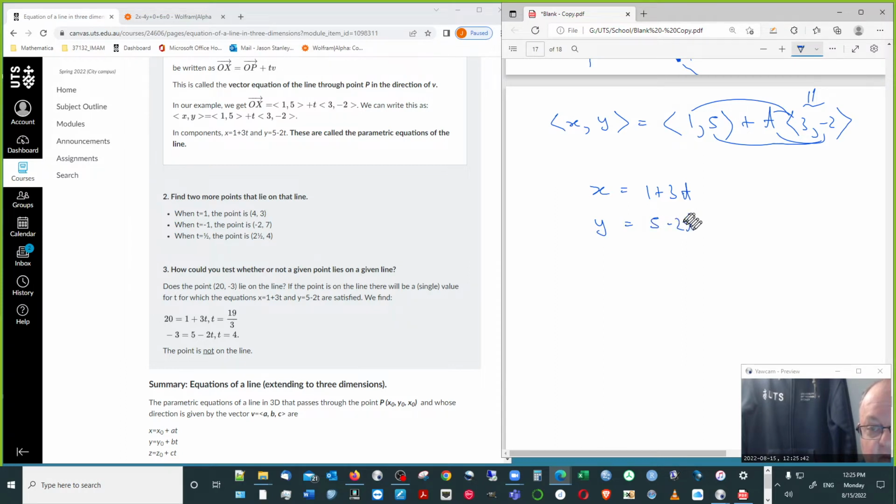So this manipulation from this form to this form and back again is what this topic's all about. And it's as simple as that. If you can manipulate the forms and get them back and front, you can find out, if you're given the parametric forms, you can work out what the parallel vector is. If you're given the parallel vector, you can work out what the parametric equations are. Okay?